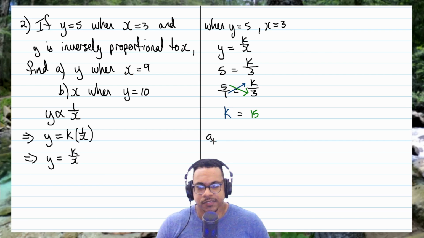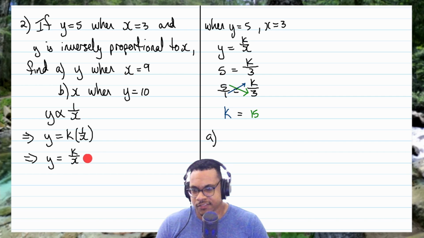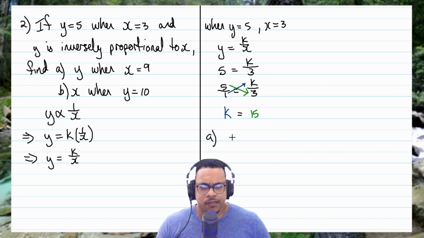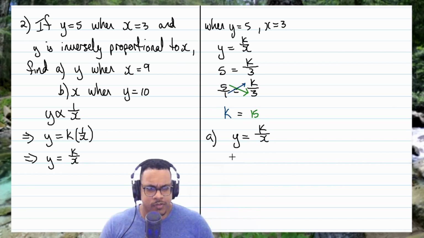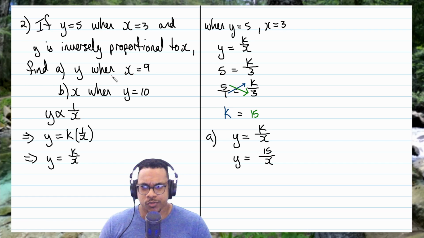So now let's look at part A. We want to find y when x is equal to 9. So we'll write this equation first, that y is equal to k divided by x. And we know that k is 15. So we'll have y is equal to 15 divided by x. And now we'll use this information that x is equal to 9 to find y.